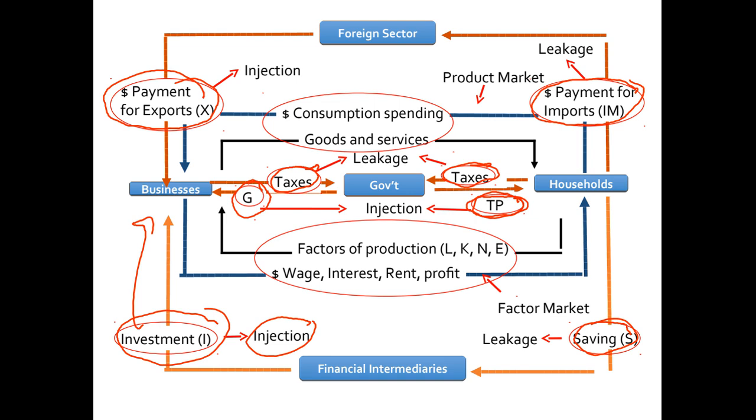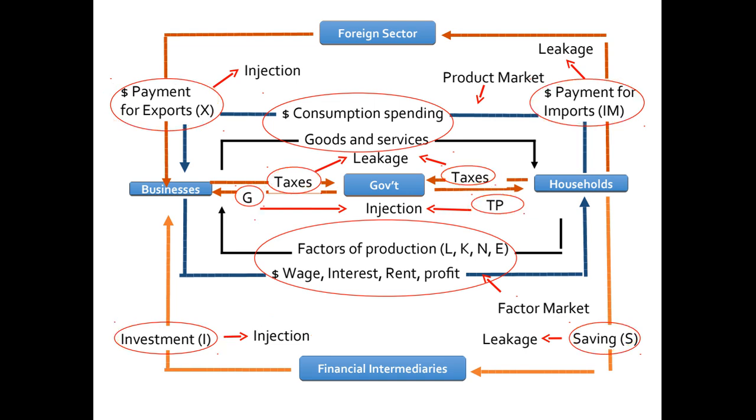Now, let me give you a simple example and then I will explain the concept of leakages and injections once again in a slightly different way. Right now in this diagram, you can see savings, dollar payments for imports, and taxes are leakages; investments, payment for exports, government expenditures, and transfer payments are injections.